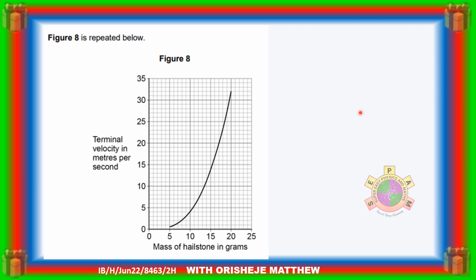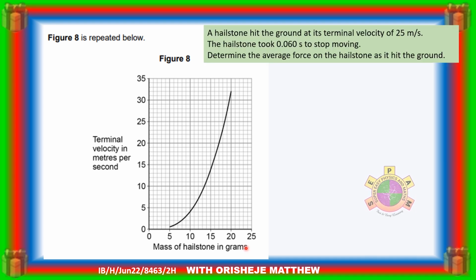Right, now this diagram represents the relationship between the terminal velocity of the hailstone compared to the mass of the hailstone as it falls. You can see that the terminal velocity is inversely proportional to the mass of the hailstone in gram. Relating it to the question, a hailstone hits the ground at the terminal velocity of 25.